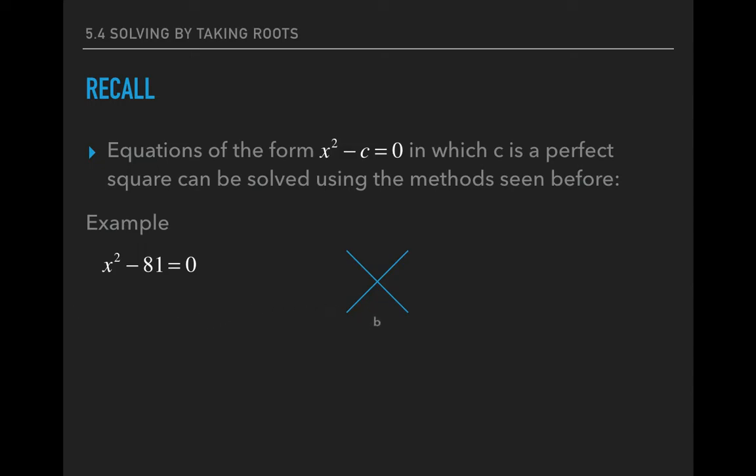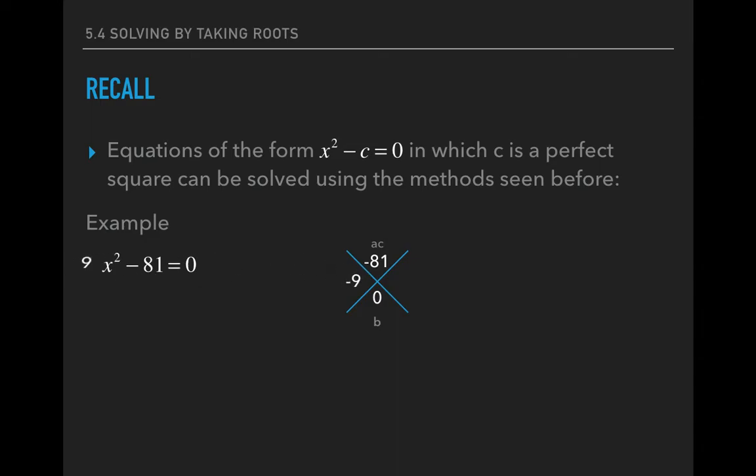Our b value is going to be 0 because there is no b value. The product of a and c is going to be 1 times negative 81, which is negative 81. And we're thinking of those values to put in the wings that multiply to give you negative 81, but add to give you 0.